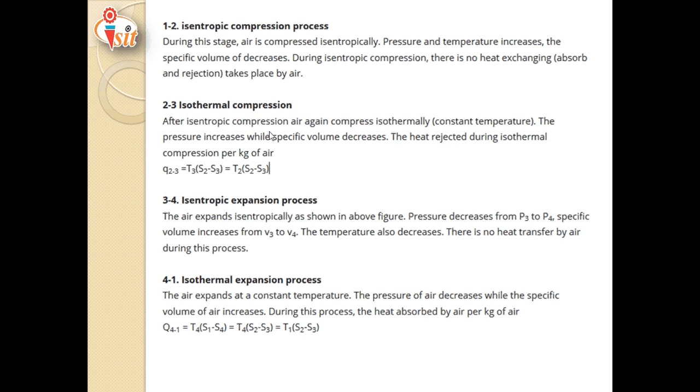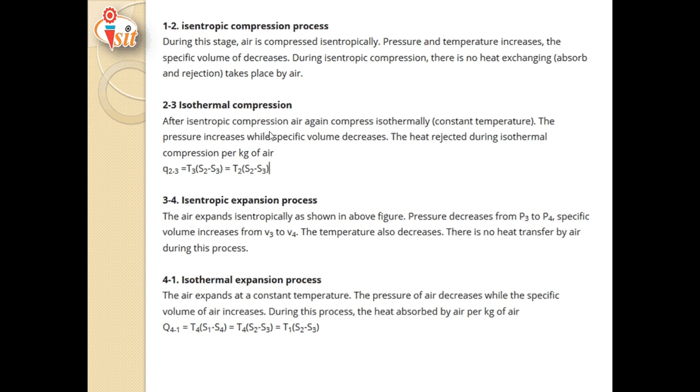The last process is the isothermal expansion process. The refrigerant expands at constant temperature, due to which the pressure of the air decreases while the specific volume of the refrigerant again increases.